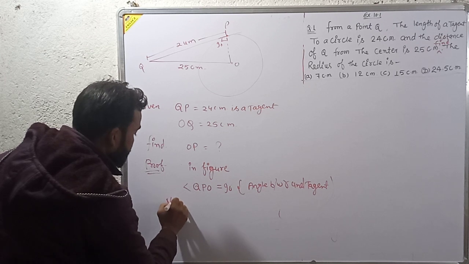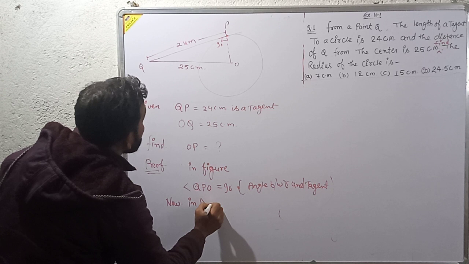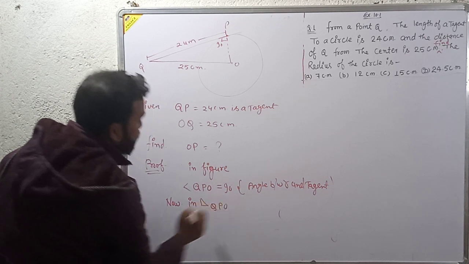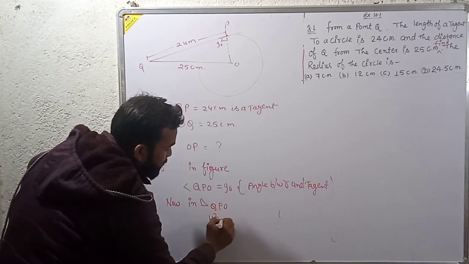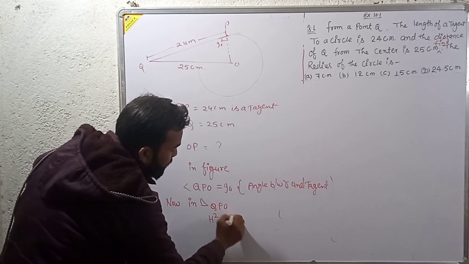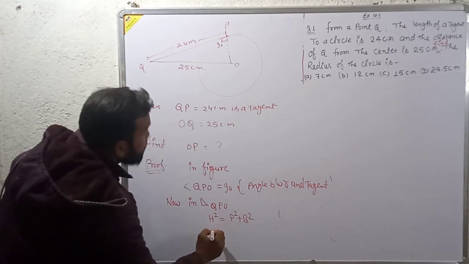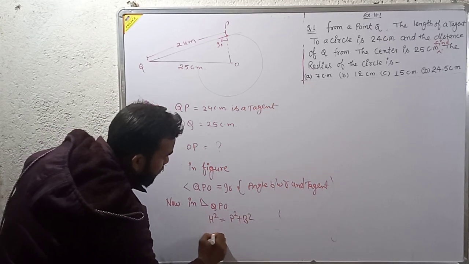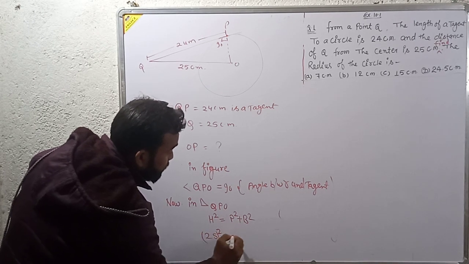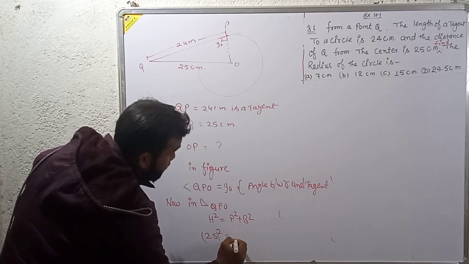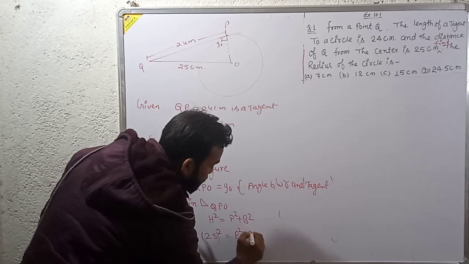Now in the right angle triangle QPO, hypotenuse square is equal to perpendicular square plus base square. So it will be 25 square is equal to perpendicular square plus base square, that means 24 square.